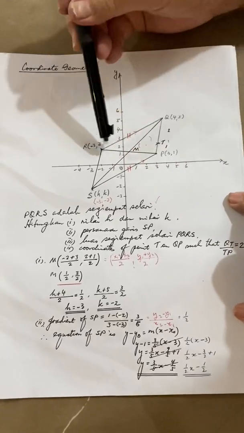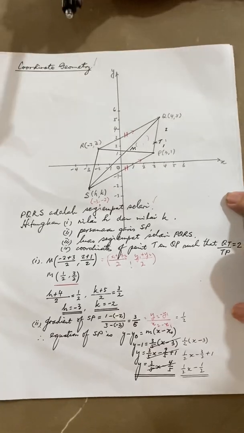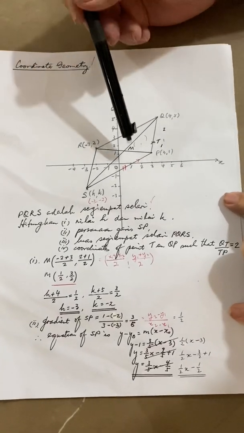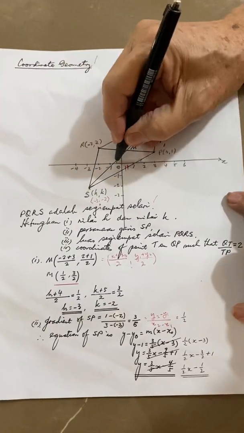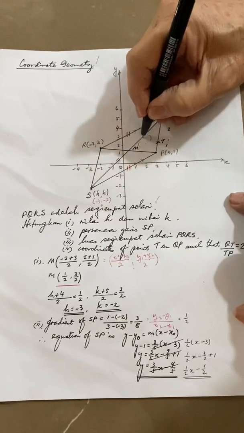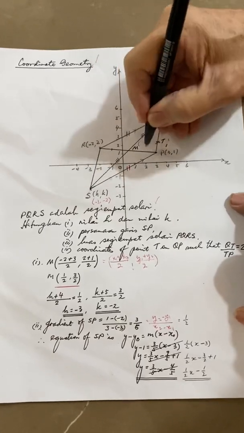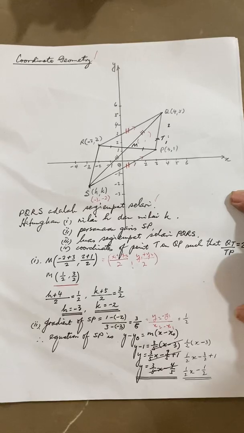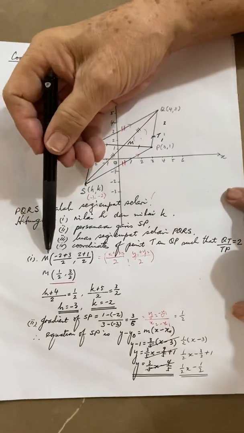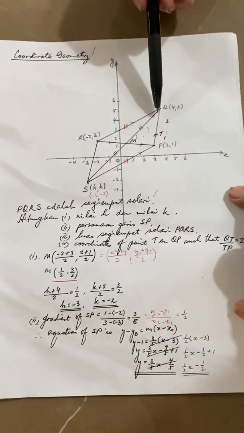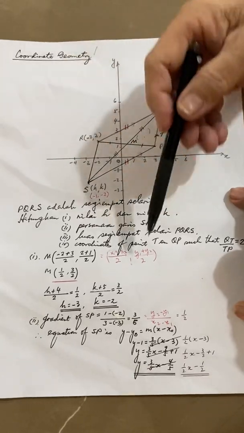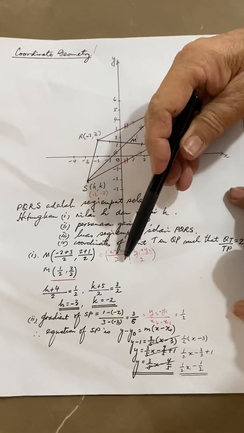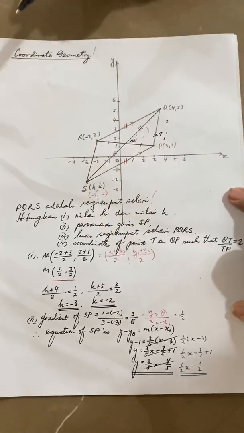If you are given 3 vertices and you want to find the last vertex, we use the fact that the diagonals bisect each other. So please remember that the diagonals bisect each other. So we look for the coordinates of the midpoint. Of course, you should know that it's (x1 plus x2) over 2, (y1 plus y2) over 2.